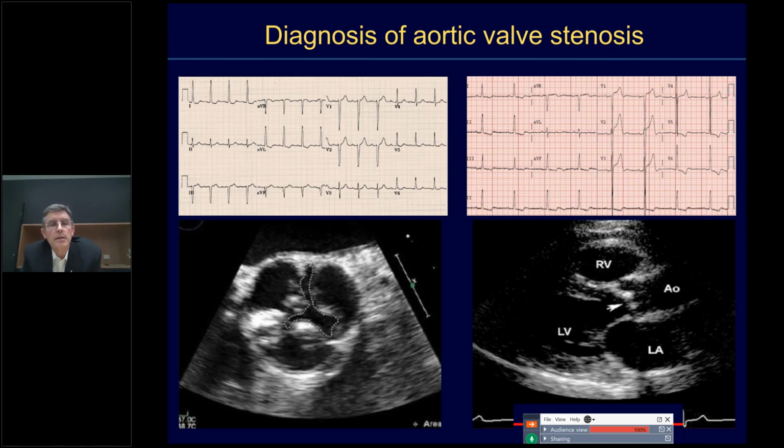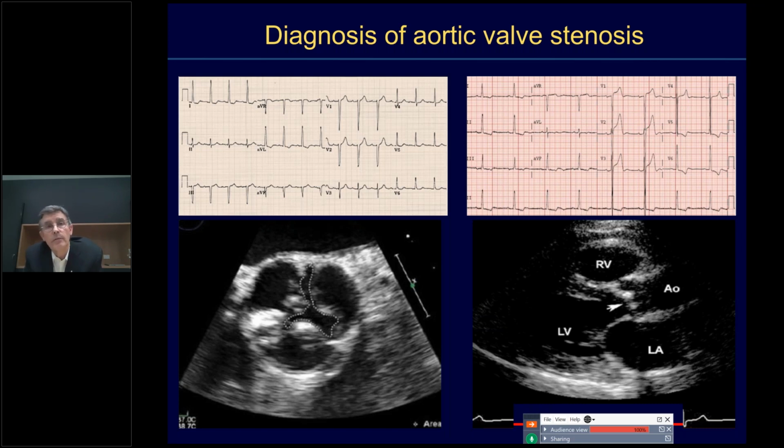Now, when we're looking at these ECGs for someone who might be considered a TAVI candidate, we're also interested in the likelihood of causing this patient to need a pacemaker after the fact. And the things that we know that predict that are evidence of conduction delay on the ECG, in particular a right bundle branch block. So someone who's already got a right bundle and we lean on the left bundle with the new device, that can be enough to tip them into complete heart block and the need for a permanent pacemaker.